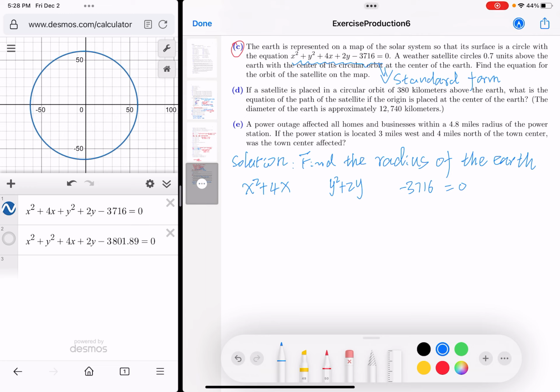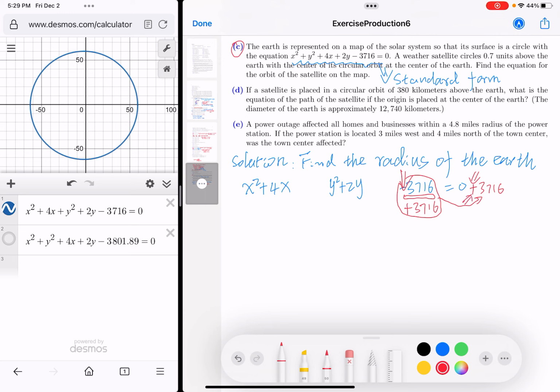Let me first copy it. Then, for the standard form, the constant should be on the right-hand side. So you add 3716 on the right-hand side and on the left to cancel that. It basically shifts this term to the right-hand side and changes the sign from negative to positive. You can see here it is positive.